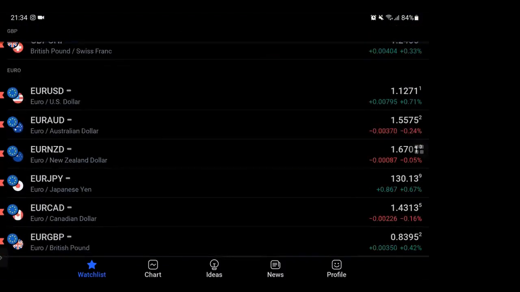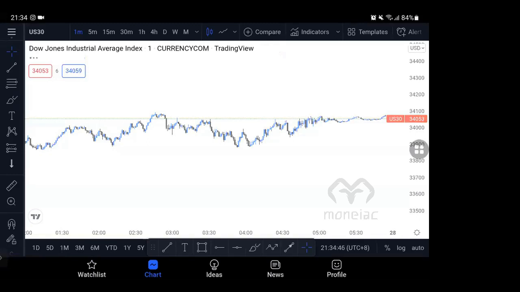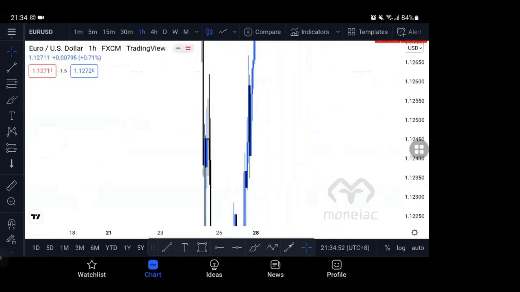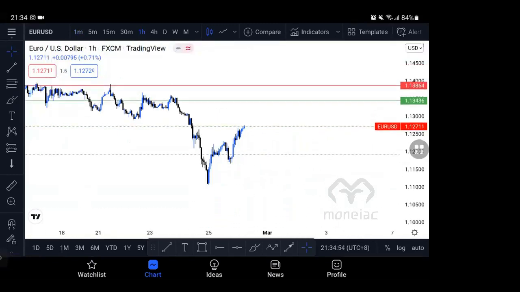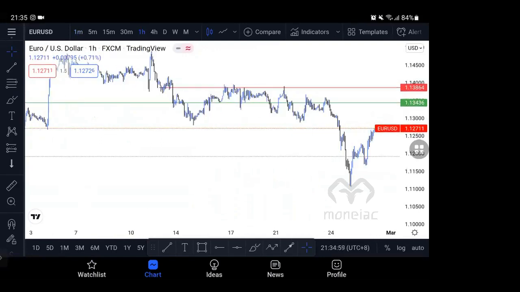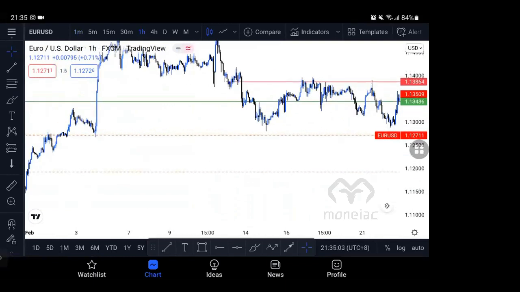Okay, let's show this. The EU, just like the previous session, because a slow pair always shows much information for us, and also because I took some entry over here too, so it will be easier for me to explain.